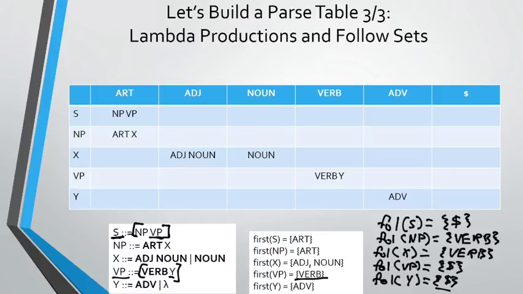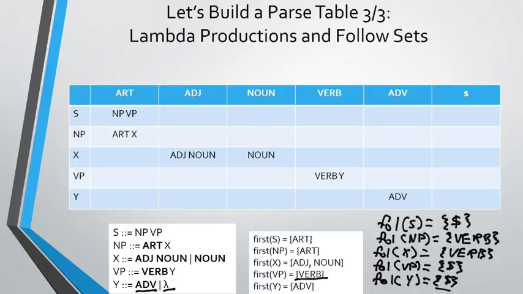Why do we care about all of these follows? We care about them in the context of the lambda production. If at any point we're trying to expand to Y and we don't see an adverb on the input, then we know that we can't apply this particular production. But how do we know if we can apply this one?